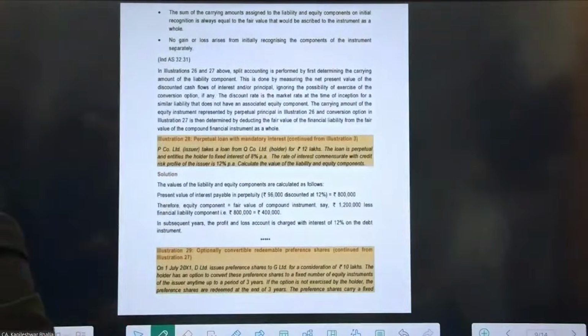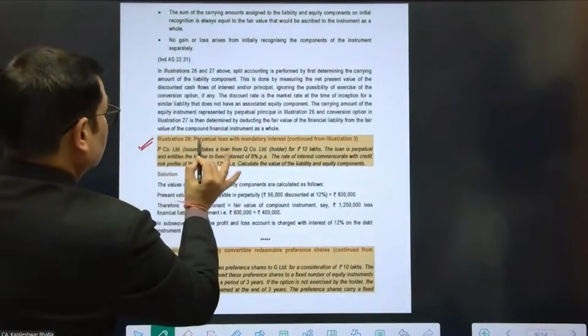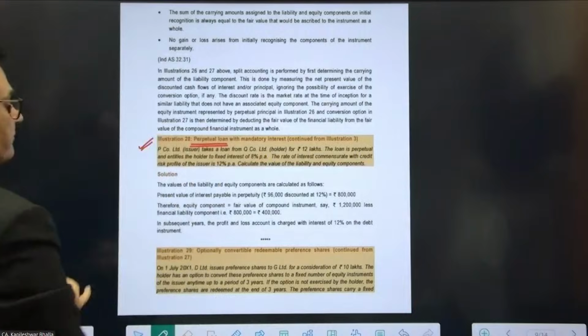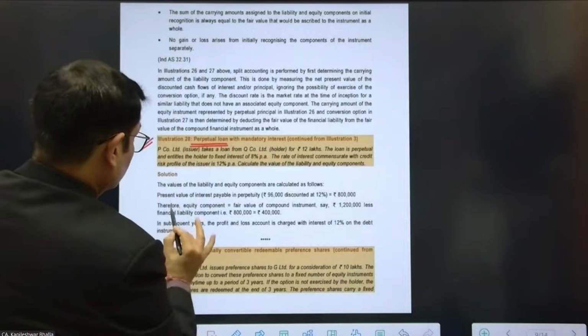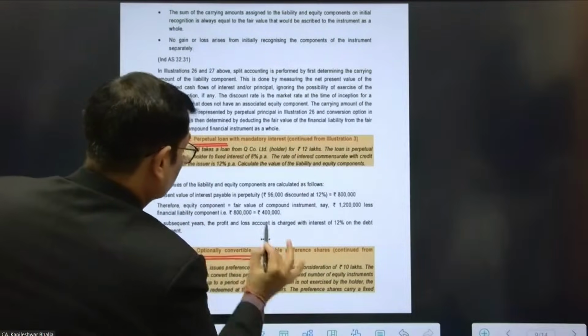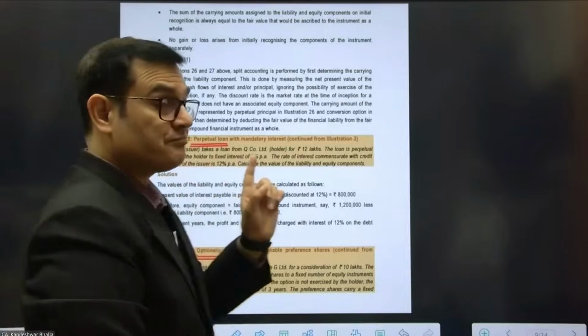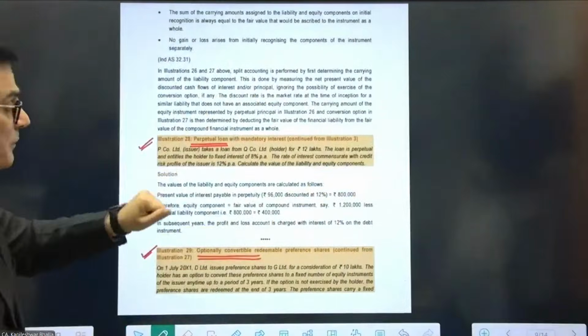Then we started working on agenda number 2. In terms of agenda number 2, I gave you perpetual loan accounting. I also did an illustration on optionally convertible debentures with you, because I took my own example and said this can be done on the same line. So this was agenda number 2, split accounting for optionally convertible as well as perpetual loan.